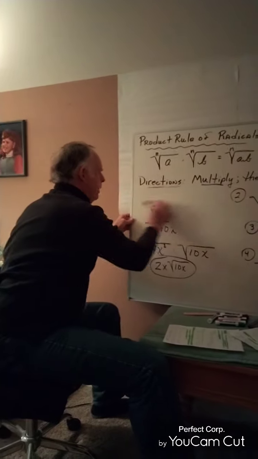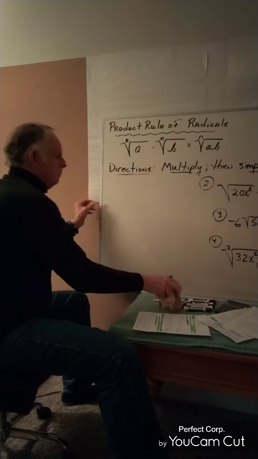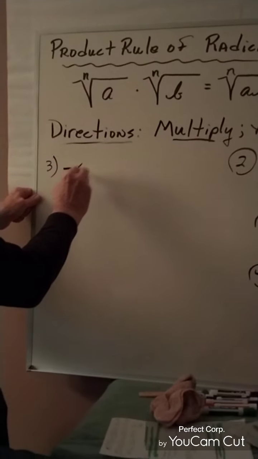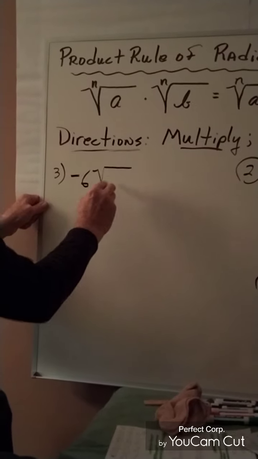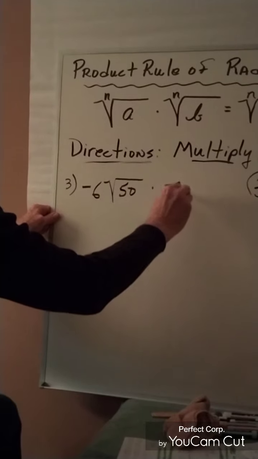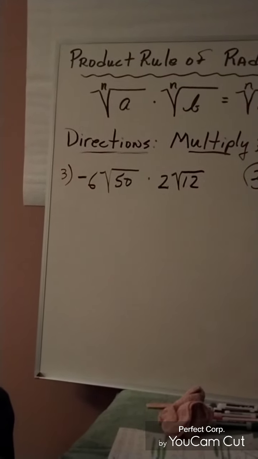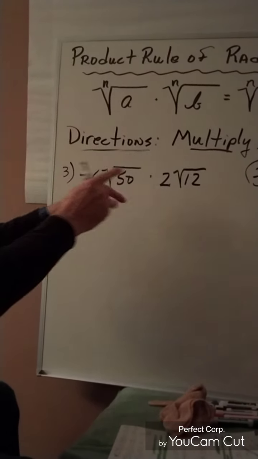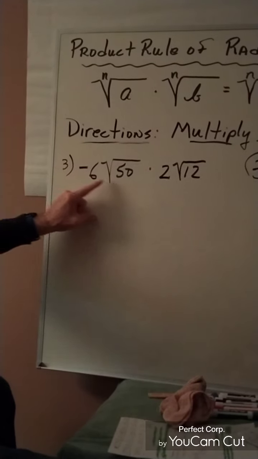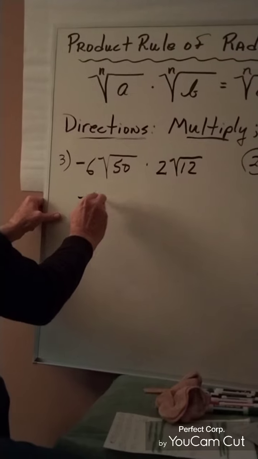All right, let's increase the challenge by maybe just a bit. And let's go to 3. -6 root 50 multiplied by 2 times root 12. I'd multiply first. Multiply the factor of -6 times the factor 2. -12.